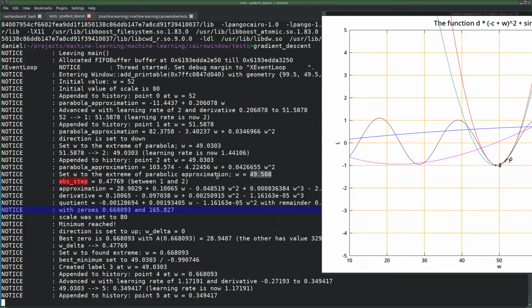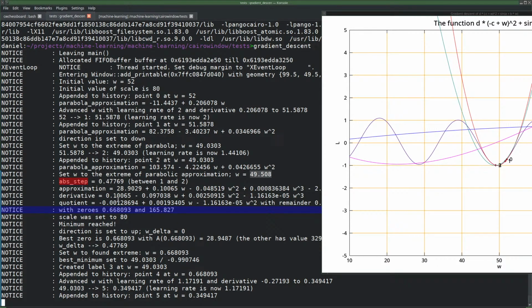That is the right value. That is where the absolute step came from. But it was never added. That's kind of strange.